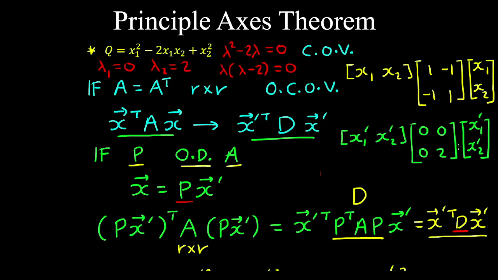So if you multiply this out, our new quadratic form will be 2 by x2 dash squared. And q dash is equal to q. And I'll leave that for you to verify as an exercise using the matrix of orthonormal eigenvectors P.